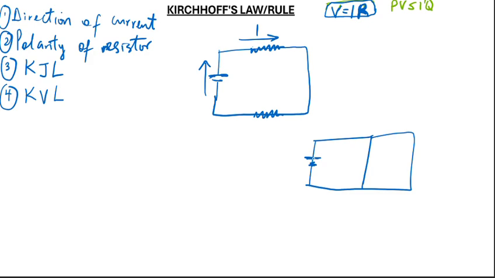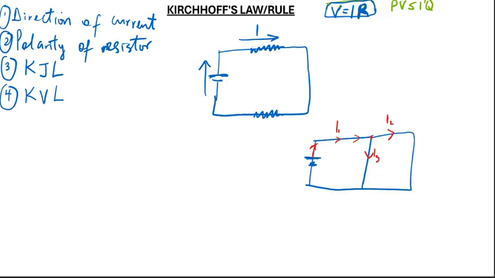That's what we say. So we can now say that our current flows from the positive terminal like this. Then when it gets to the junction, it will divide. Some of it will move like this, some of it will move like this. Now if this is I1, this will be I2, this will be I3, because it has been divided into two parts.